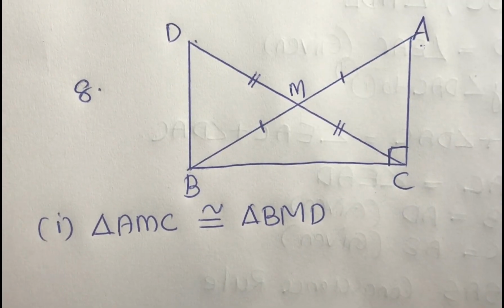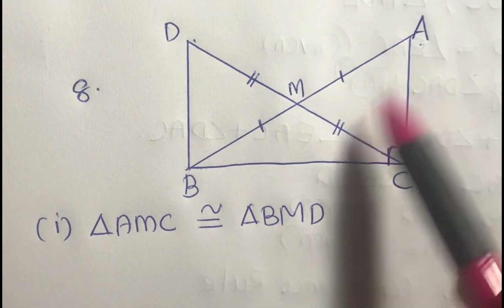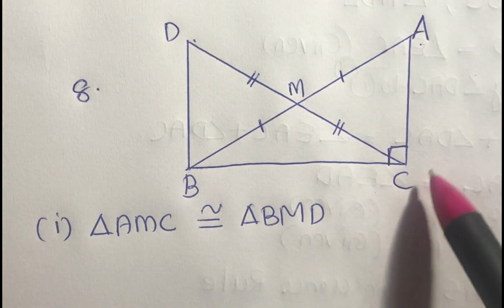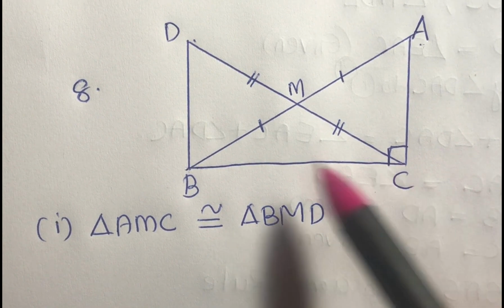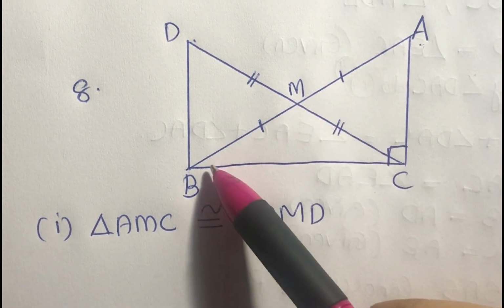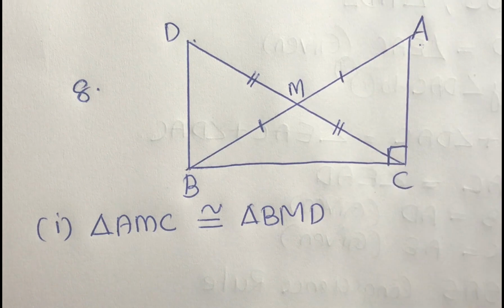So moving on to question number 8. In a right triangle ABC, right angle at C, M is the midpoint of hypotenuse AB. So therefore BM is equal to AM.